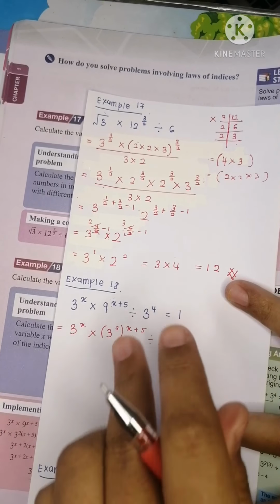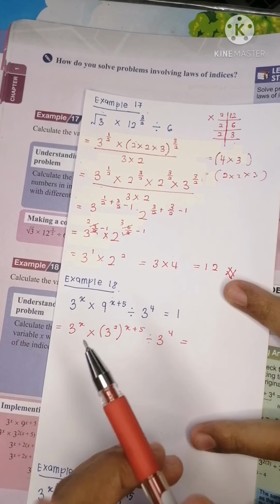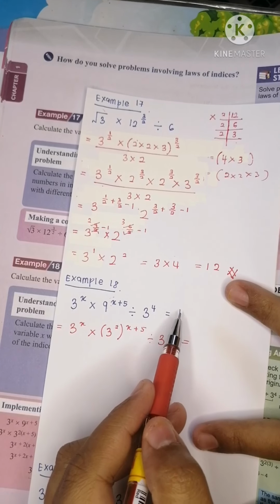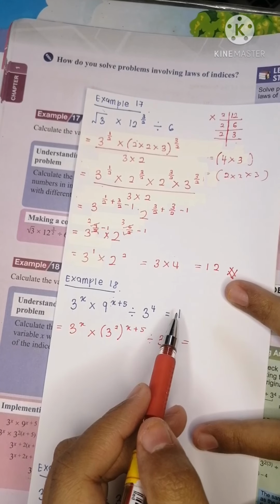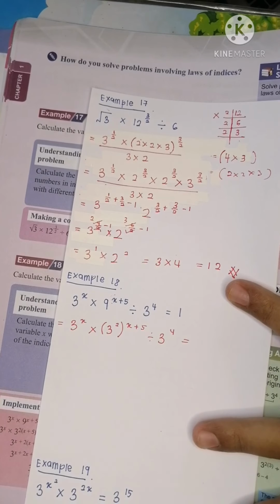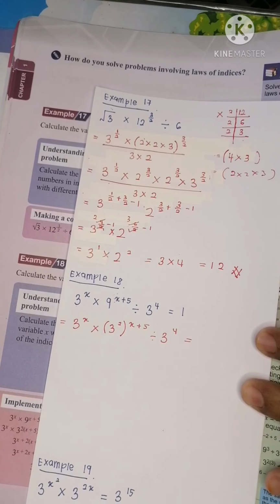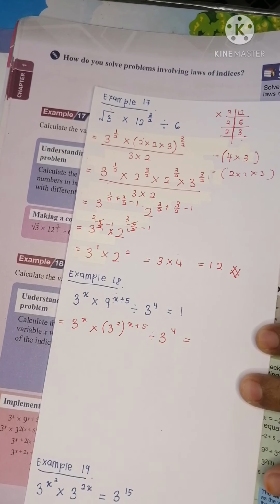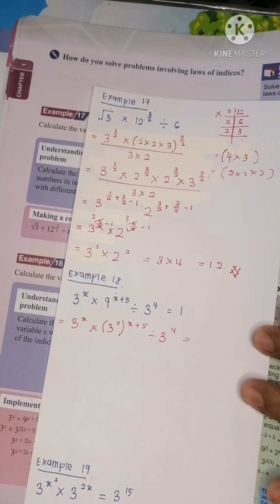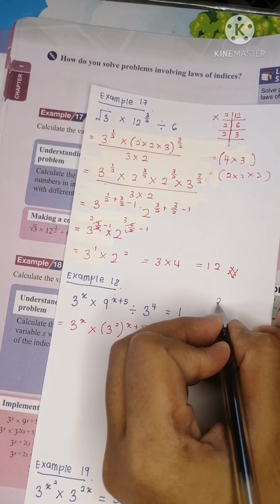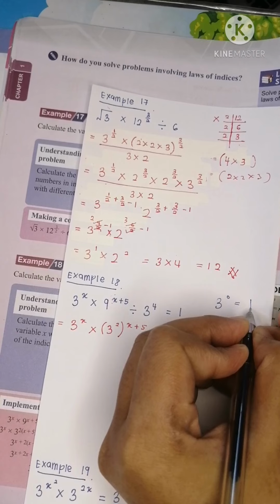And then this one. Look carefully and listen carefully to what I want to tell you. Do you still remember the law of indices? For the law of indices, 3 to the power of 0 will become 1, right?